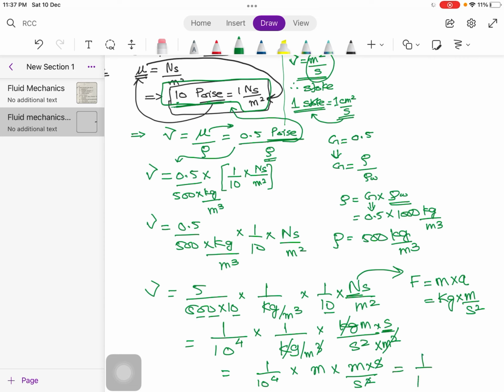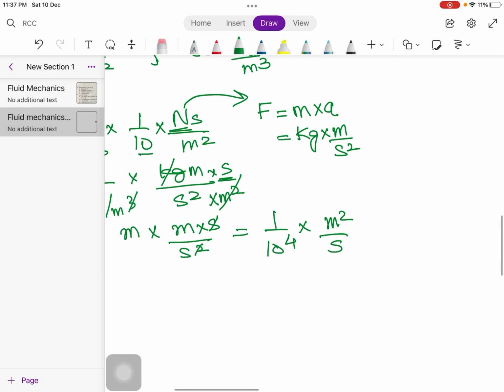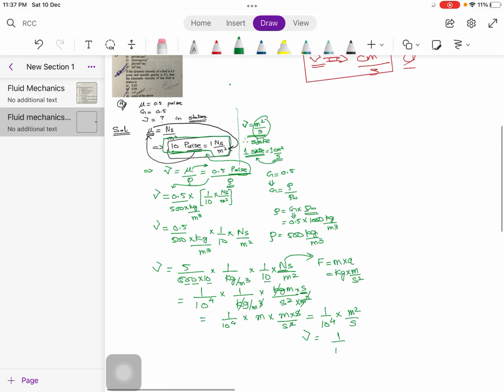So this is going to be 1 upon 10 to the power 4 times meter square upon second. So we are close to the unit of this viscosity as well as the value of this viscosity, which is 1 upon 10 to the power 4 times meter square per second.